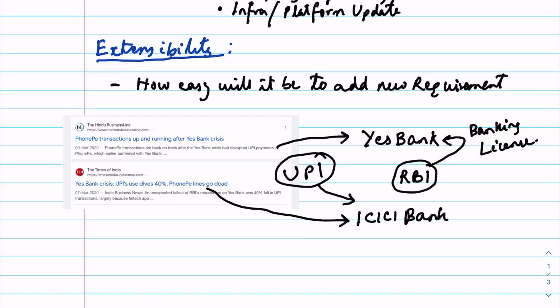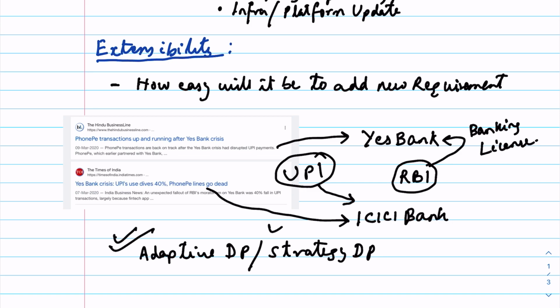I guess they might have used something like an adapter design pattern or a strategy design pattern to do this immediate switch. This is the benefit of properly designing the system and having a robust low level design.